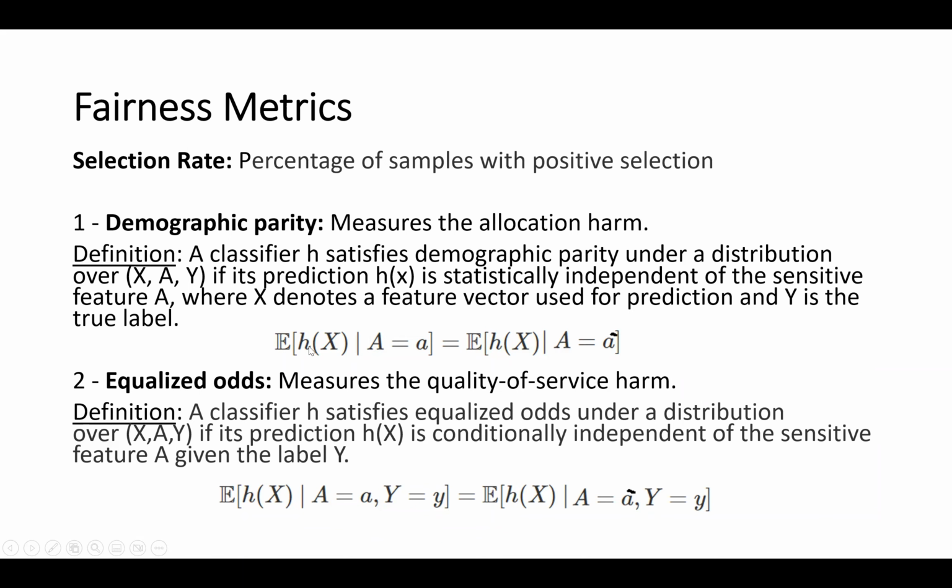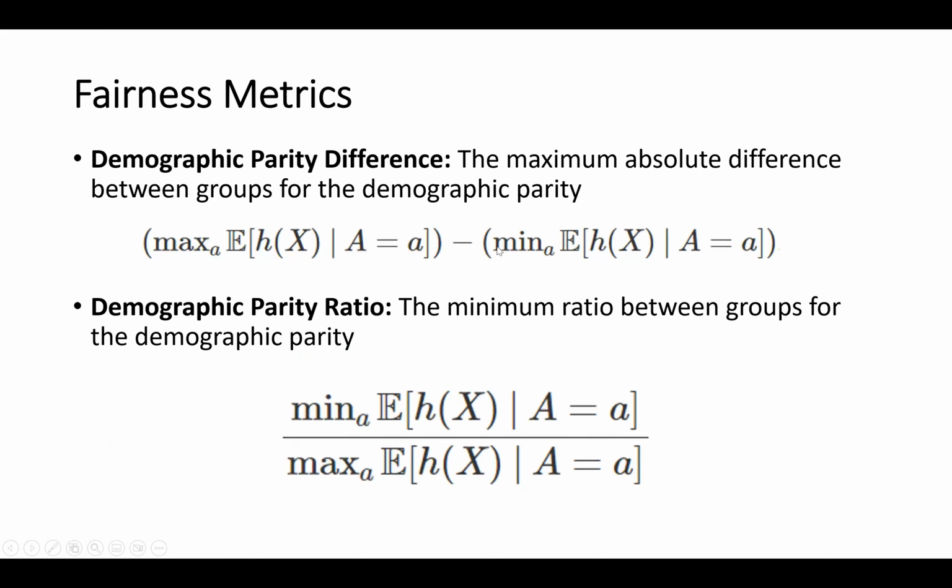Now if there is a difference between these two numbers, we can find this difference by subtracting one from the other. If the subtraction is zero, the bias is zero and the fairness is 100%. If the difference is not zero, but close to zero, it is still fair.